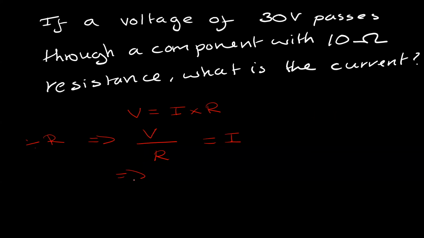Now we put numbers in: 30 volts, resistance 10 ohms. 30 divided by 10 is 3. So I equals 3 amps.